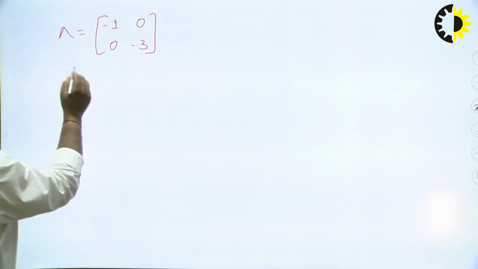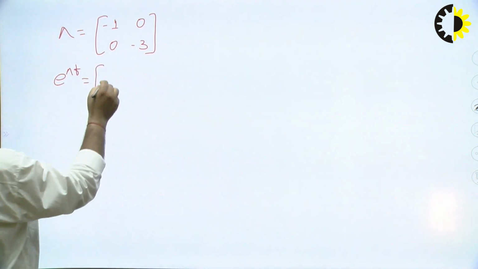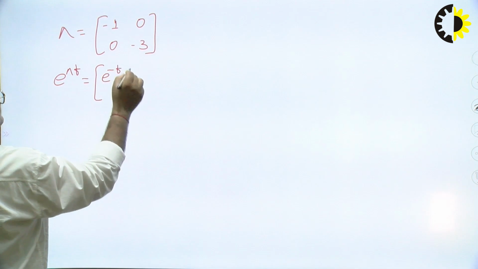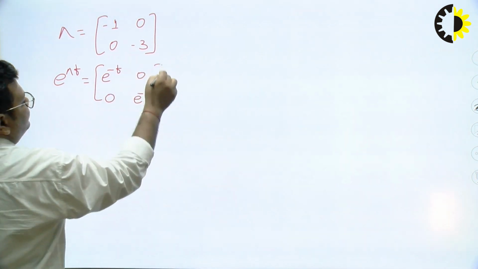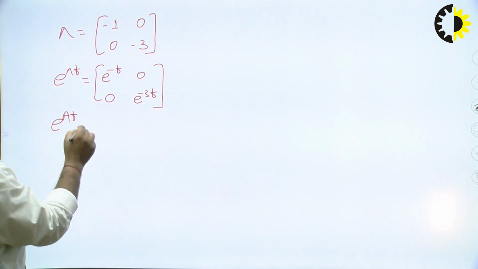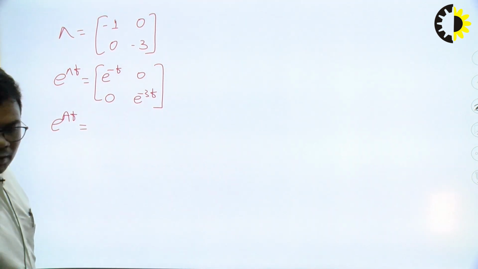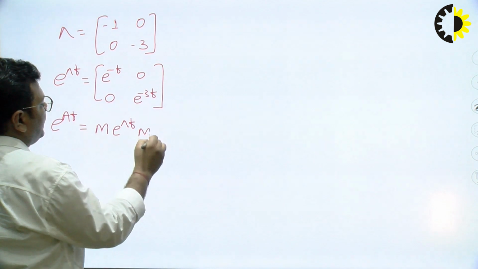With the help of this, I can find e to the power capital lambda t. Obviously it will be [e to the power minus t, 0; 0, e to the power minus 3t]. Now I can find e to the power At. E to the power At will be M e to the power capital lambda t into M inverse.